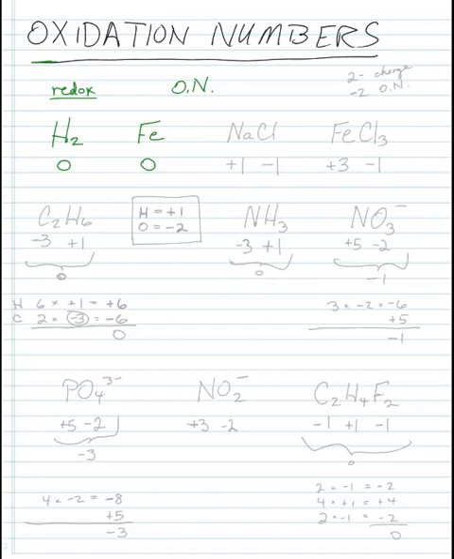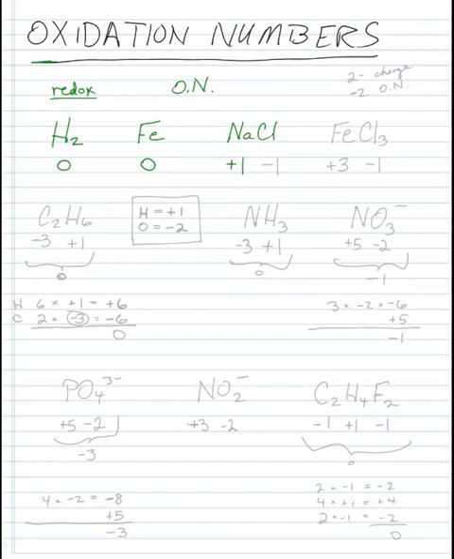What if I have a compound, NaCl? This is an ionic compound, and it has a charge on the sodium, and there's a charge on the chlorine. We know that the sodium is a 1 plus, so we will give it an oxidation number equal to its charge, +1.